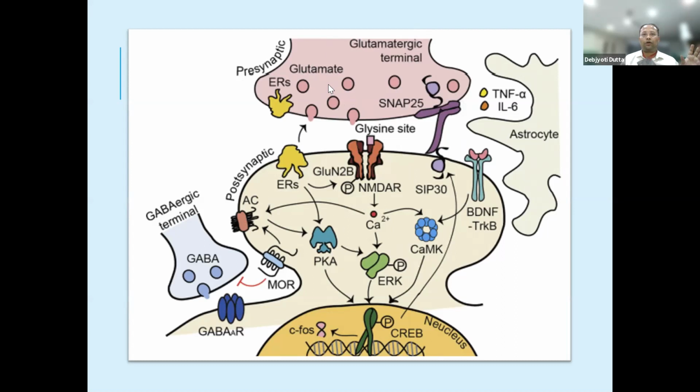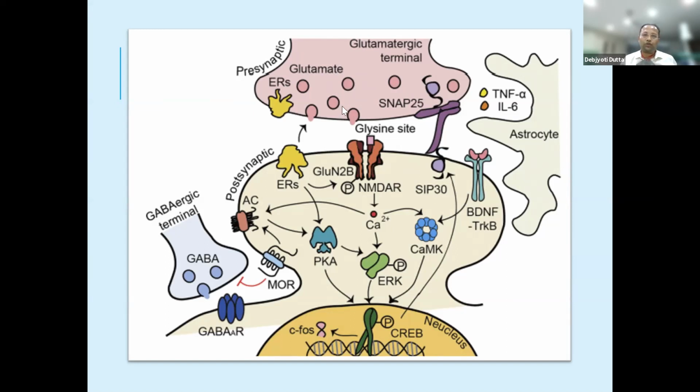Okay, so where can we target when we say we will stop the transmission? Either we can give some drug so that the receptor is blocked, so that the transmitter cannot come and join to the receptor. Or we can give some drug so that the synaptic vesicle does not secrete any transmitter.